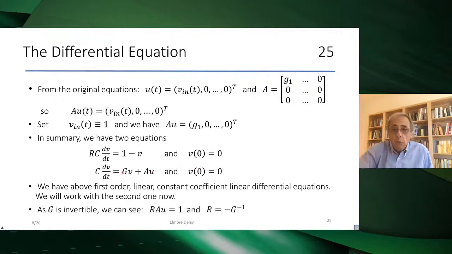And from here, as G is invertible, you get RU equal to 1, R equals G minus 1, and we computed the inverse of the resistance matrix, but in a different way, by doing it explicitly here.